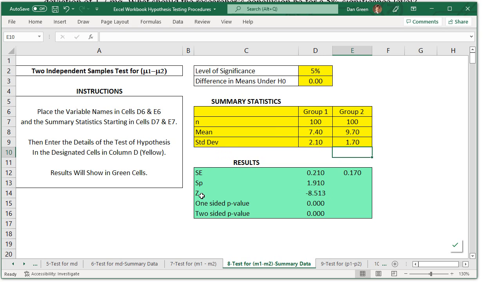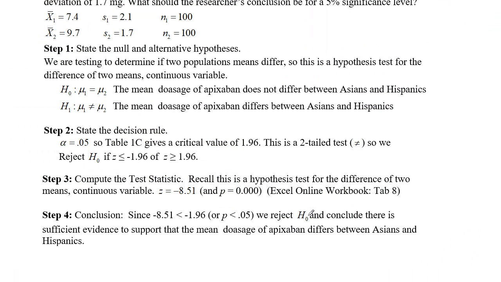And you see here our Z value, our test statistic, negative 8.51, and our two-sided p-value 0. So Z is negative 8.51 or p is 0, either one of those. That's Excel Online Workbook, tab 8.